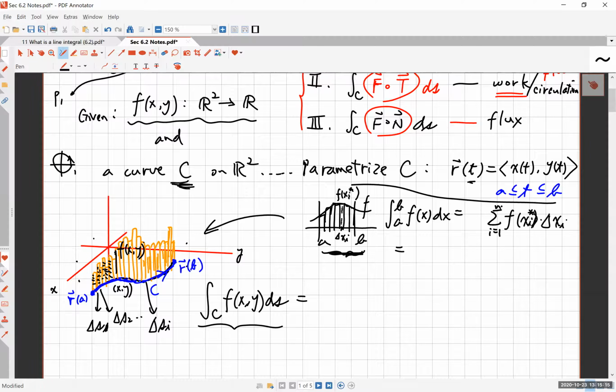Since you have n of these, when you partition this interval into n subintervals, this is called a Riemann sum, as you know. Okay, and the idea is that you take the limit as all of these subintervals become closer and closer to zero in length, and so we say the norm of the partition goes to zero. Okay, and of course the number of subintervals will go to infinity.